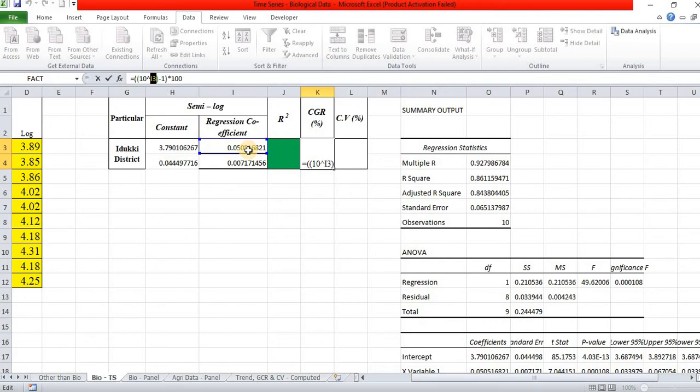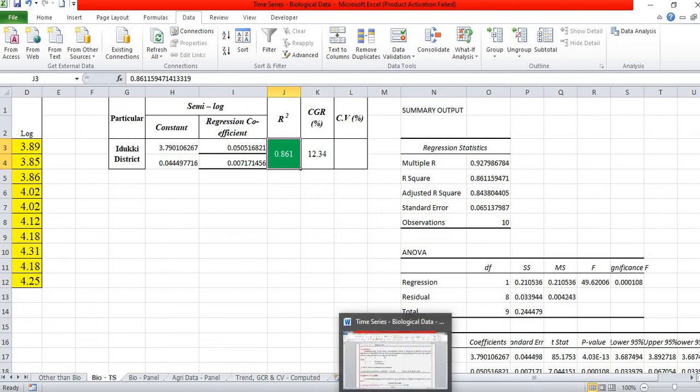That is the regression coefficient or slope value, taken minus 1 into 100. So the compound growth rate for the period of study is 12.34%. And the r square value is 0.861. That is also good. Now we have found out the compound growth rate.